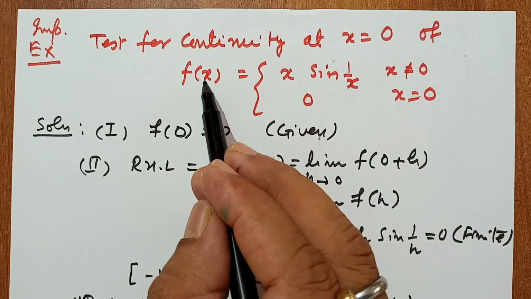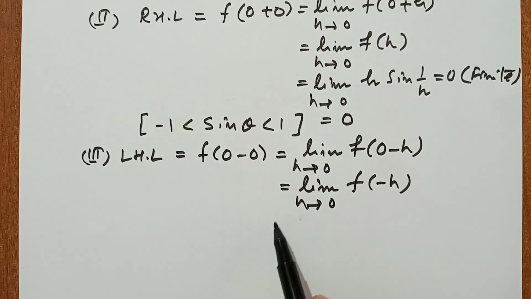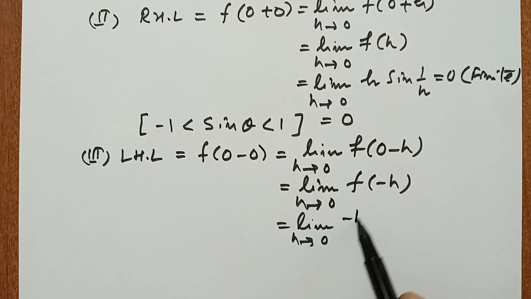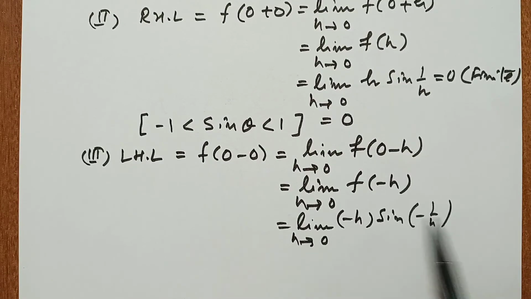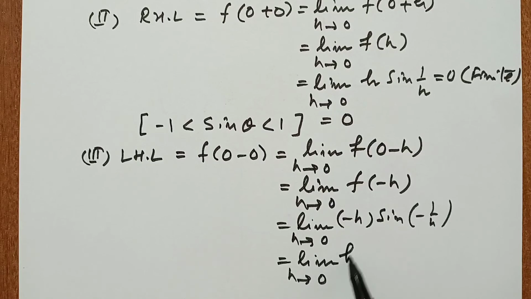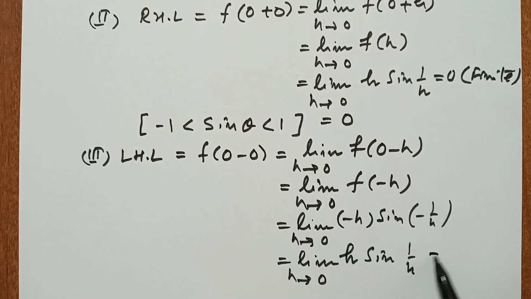So f(minus h) is minus h sine 1 upon minus h. Okay, this is very easy to calculate. Since sine minus theta is equal to minus sine theta, minus minus plus, so this equals limit h tends to 0 h sine 1 upon h. So this is the same thing as here. Okay, this is equal to 0.